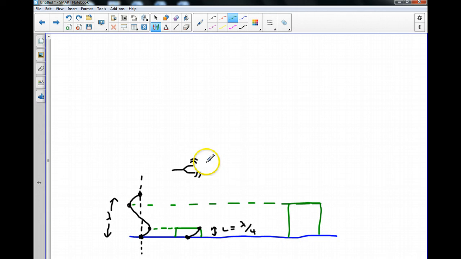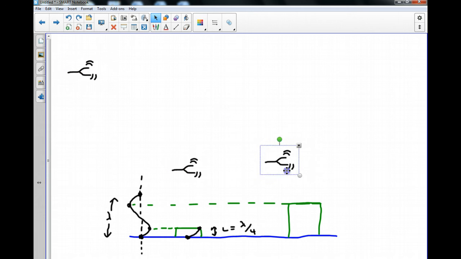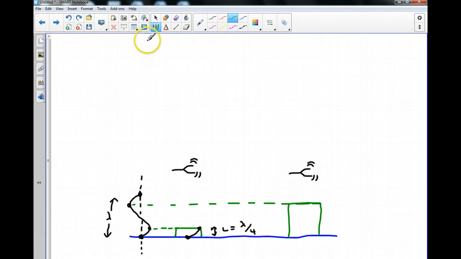imagine my tuning fork. So I strike the tuning fork, right? Waves are sent down into my pipe, they reflect back, and then the incident waves interfere with the reflected waves.